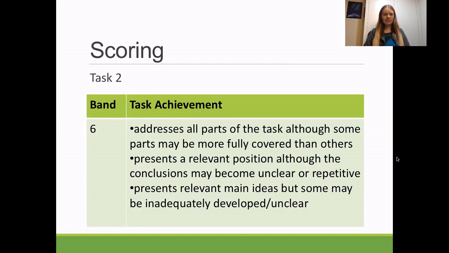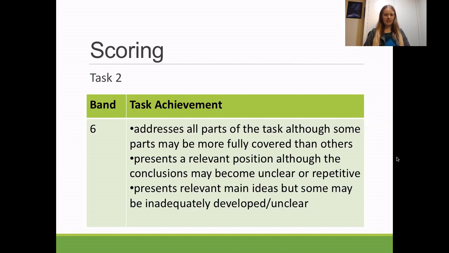For a score of 6, you would have to address all parts of the task, although some parts may be more fully covered than others. Present a relevant position, although the conclusions may become unclear or repetitive. So you're addressing the task, but you're not doing it fully. Some parts you did better on than other parts.